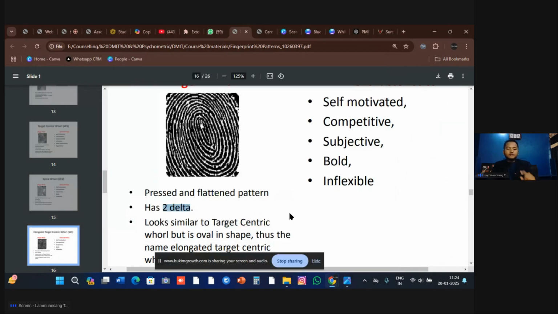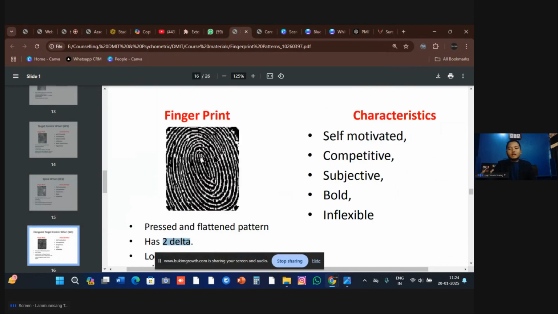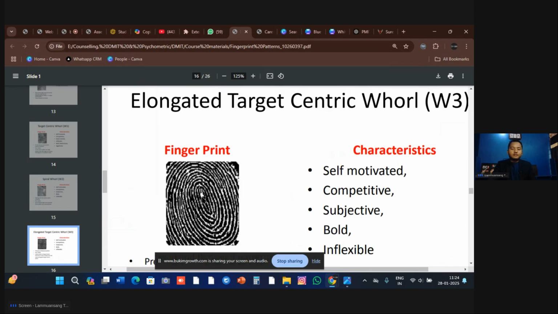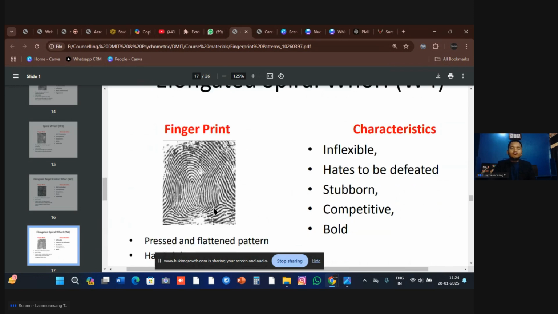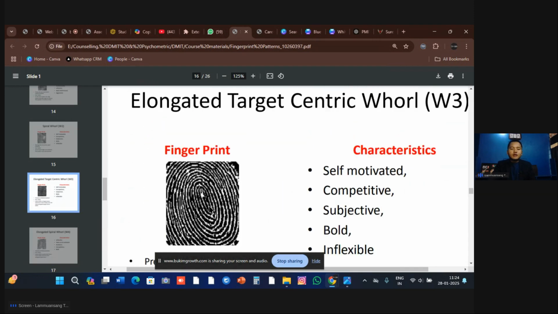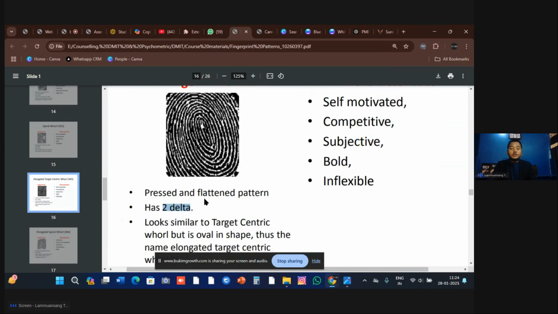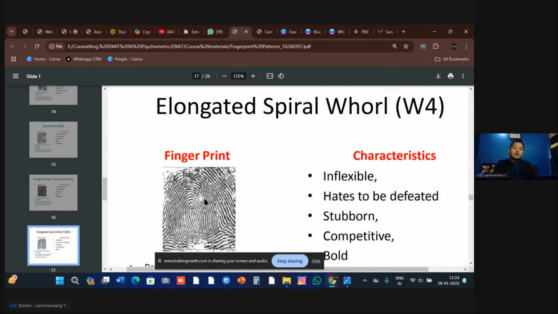This one is W3, and W4 will always be very similar with W3 again. W3 and W4 and W2 very similar. So how to identify this pattern?